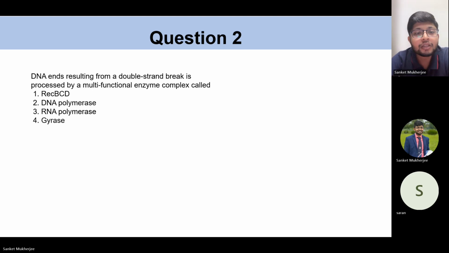DNA ends resulting from a double-stranded break are processed by a multifunctional enzyme complex called: RecBCD, DNA polymerase, RNA polymerase, or gyrase. So whenever there is a double-stranded break, DSB, this is processed by which enzyme? The enzyme is RecBCD.